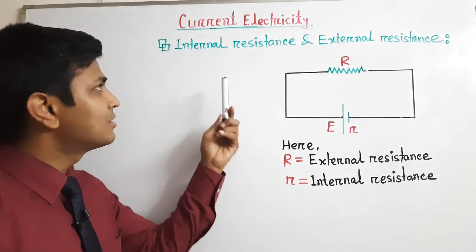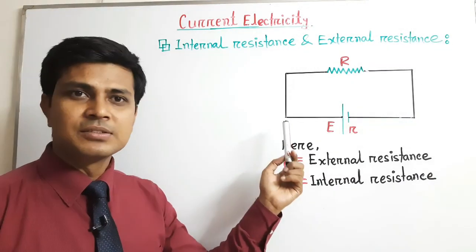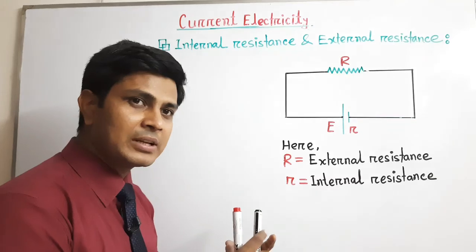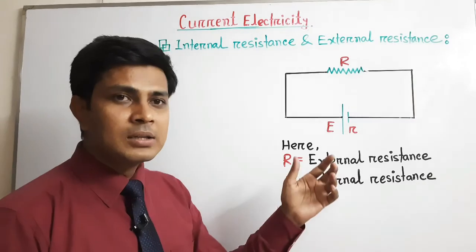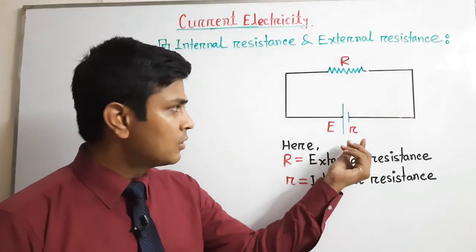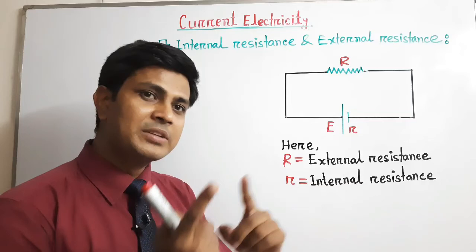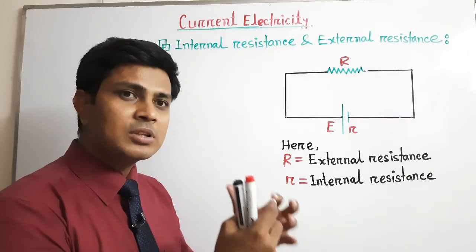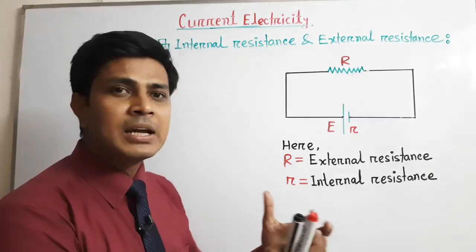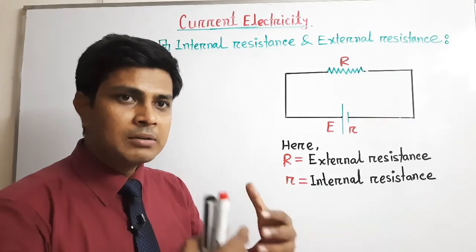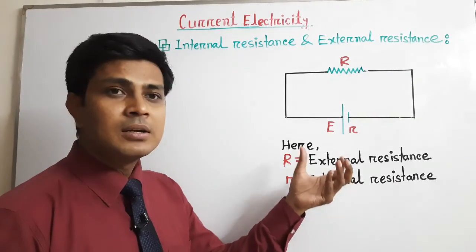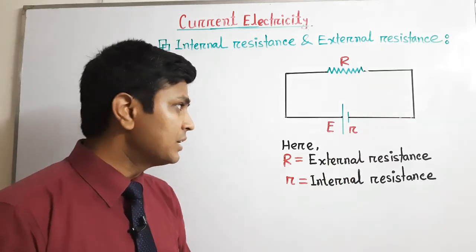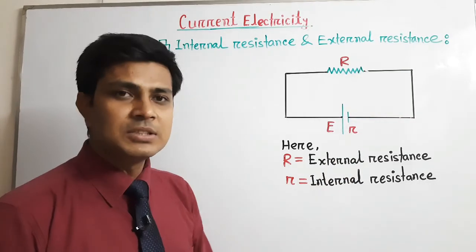Now, external resistance and internal resistance. Internal resistance means the resistance inside of the cell. That means when the electricity tries to flow inside the cell, then due to the chemicals, the electron or the electricity gets an obstacle and gets resisted, and this resistance of the electron or of the electricity is known as internal resistance.